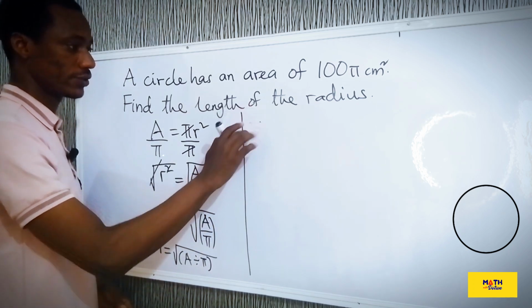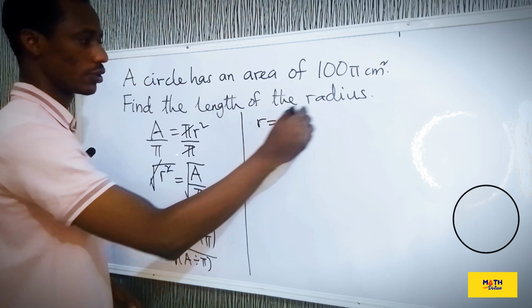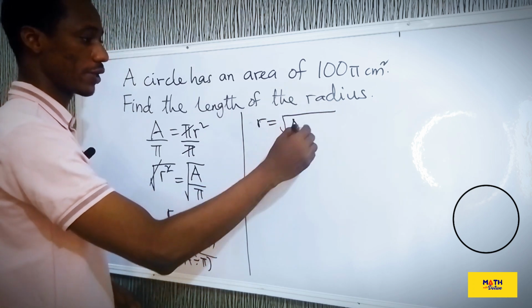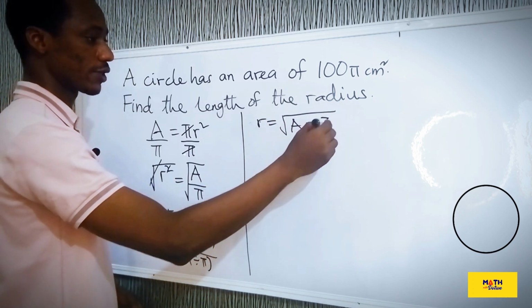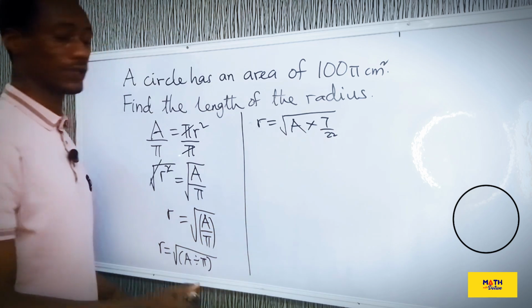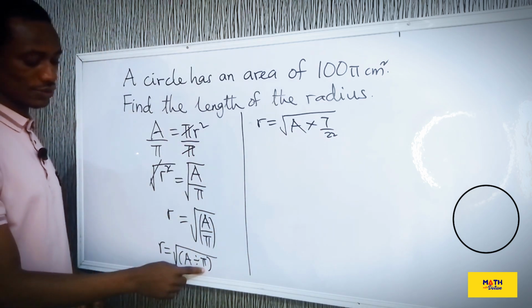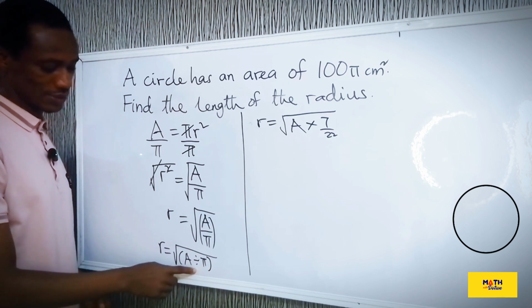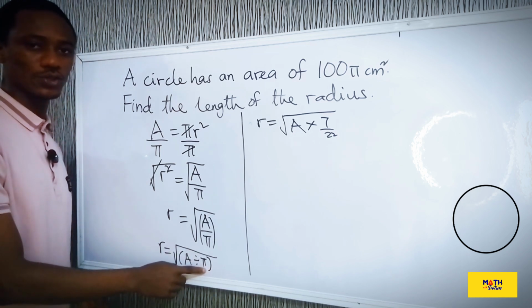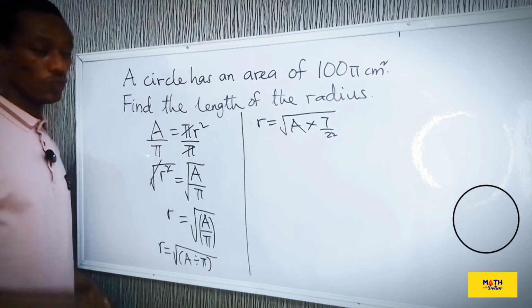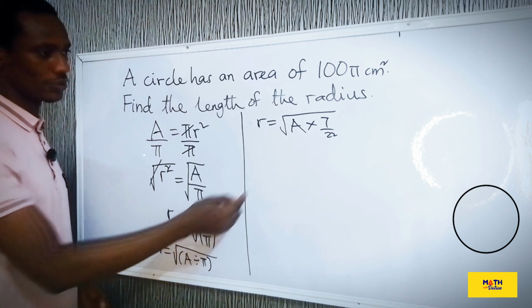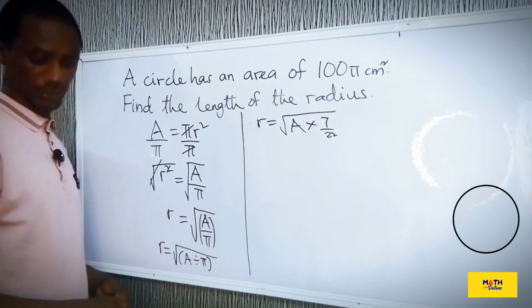So radius will be equal to the square root of area times 7/22. That's if you are using 22/7 as your pi. This is 22/7, you change the division to times and flip it to 7/22. So that will be area times 7/22.